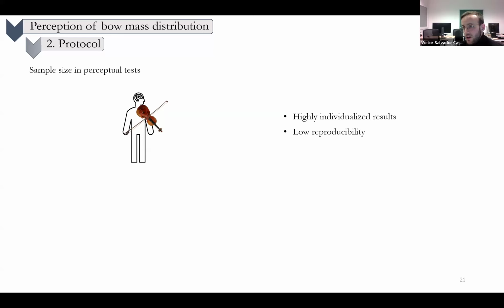And the problem with an individualized study is that there is a low reproducibility. So we scientists usually require a high reproducibility to be called a scientist. It's what the scientific method establishes.